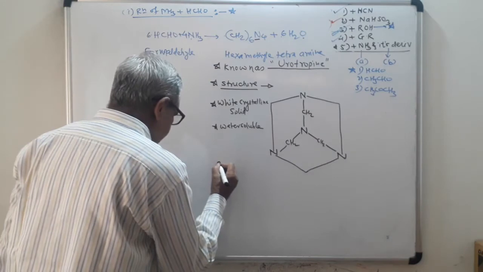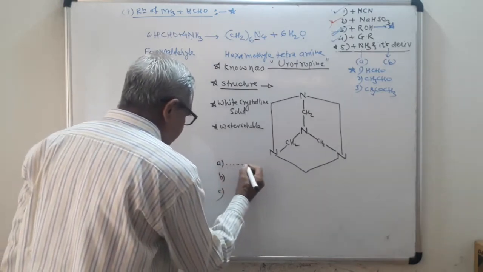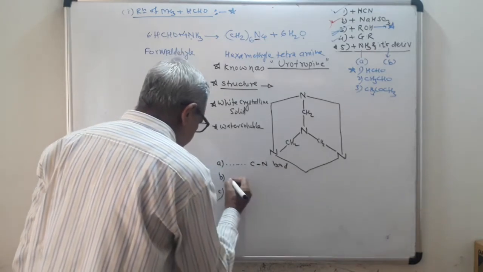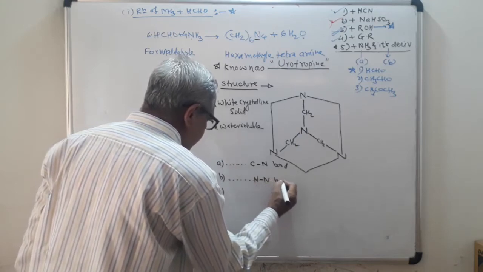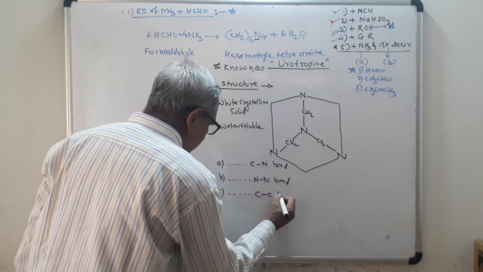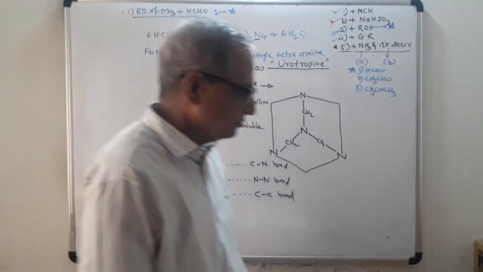See the questions A, B, C. It contains dash dash carbon nitrogen bonds. It contains dash dash nitrogen nitrogen bonds. It contains dash dash carbon carbon bonds. So these are the 3 important questions here.